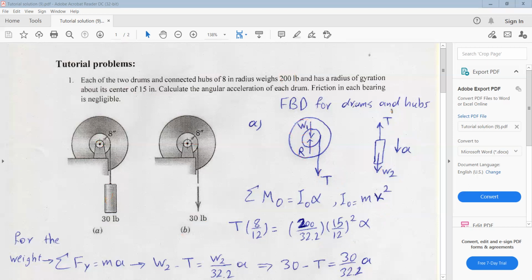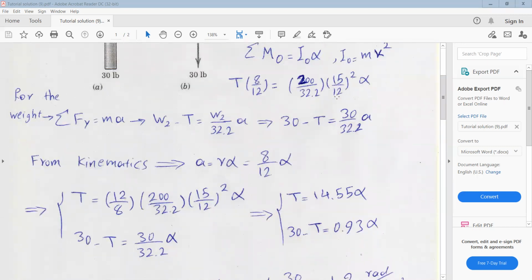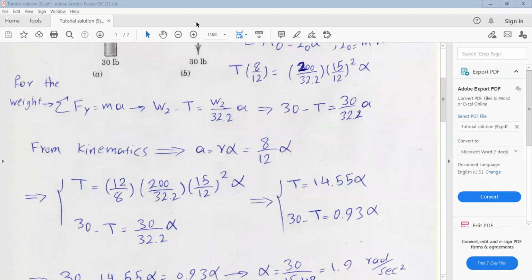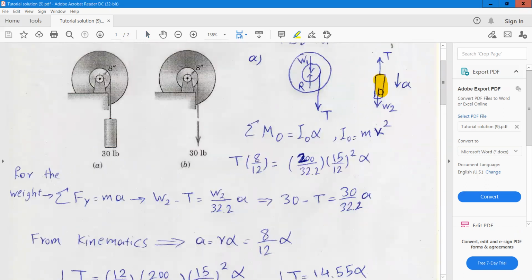So the next step here we need to write the equation for this mass, this one. You can write the force equation in y direction, in vertical direction. The summation of the force, which is T and W sub 2, must be equal to the mass times the acceleration.